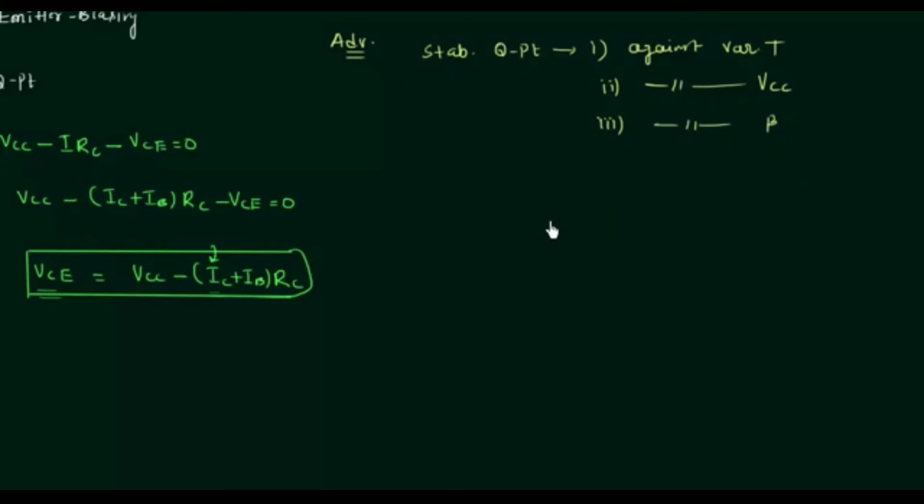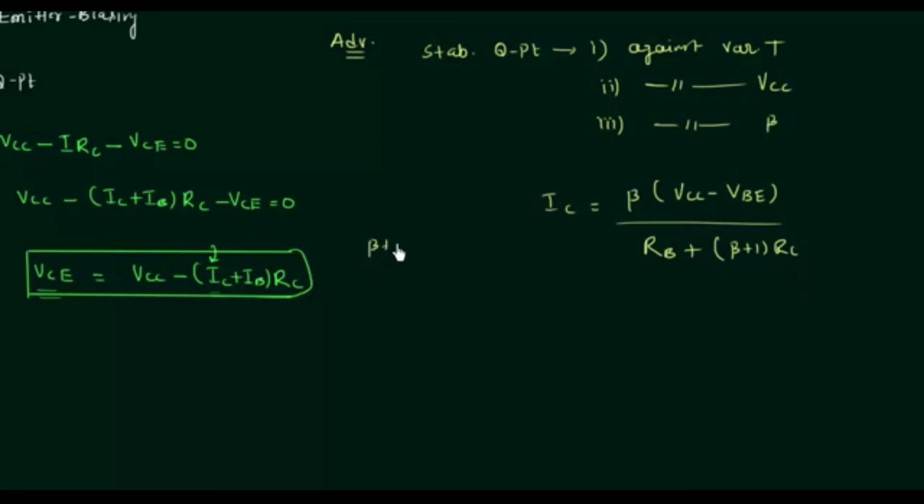You can easily prove the current IC is independent of beta. It is equal to beta times (VCC minus VBE) divided by RB plus, inside the bracket, (beta plus 1) RC.